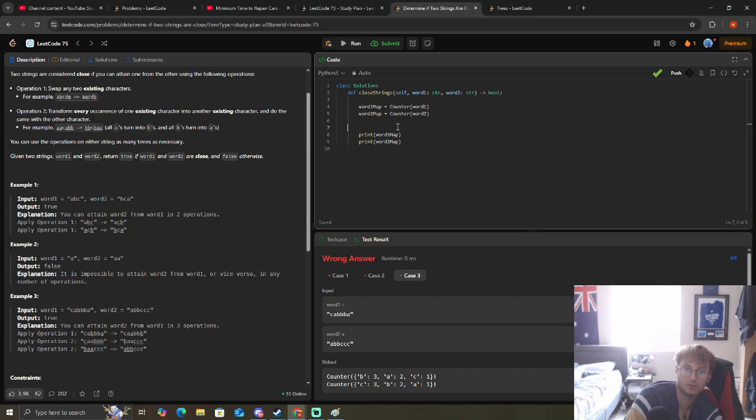I'm thinking we can do for key value in word 1 map dot items, if value not in word 1 map, we can just instantly return false, right?